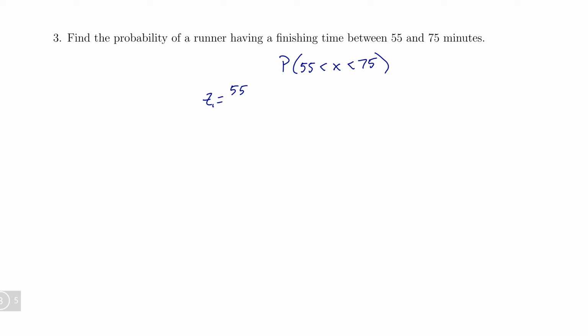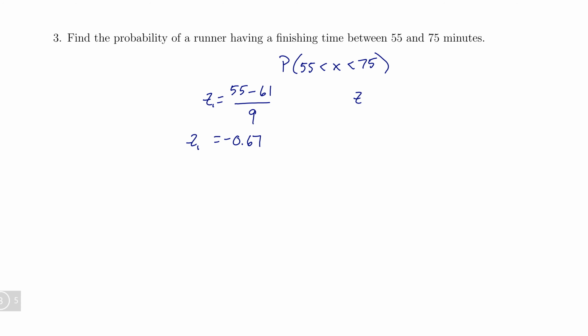So we have 55 minus 61 divided by 9. This gives us negative 0.6 repeating. Again, since we need to round to the nearest hundredth, we'll round this to negative 0.67.